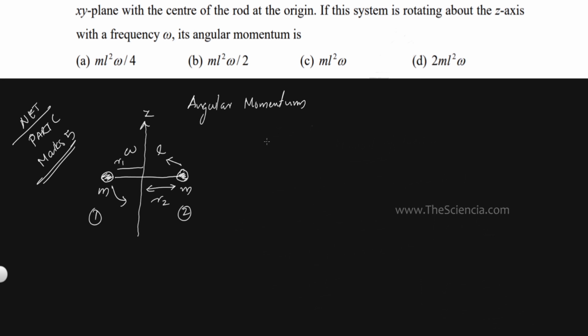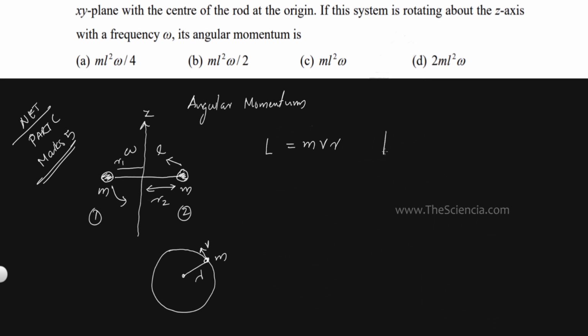In +2 physics, you may know this equation: L is equal to mvr. This is the angular momentum of a particle revolving in a circle, where m is the mass, r is the radius, and v is the velocity. So you can use this equation to solve this problem.